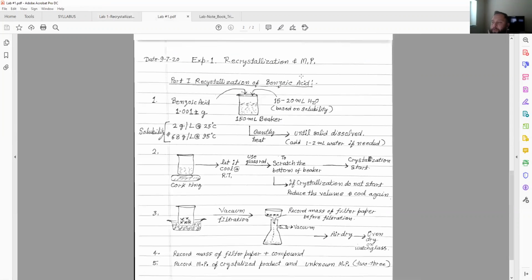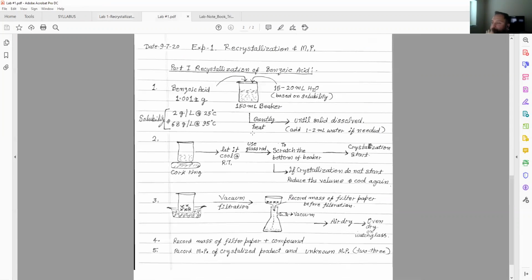Here's basically a flow chart, and probably some of your labs will consist of a flow chart on how to do things. Here they're talking about adding the benzoic acid and the water to a 150 mL beaker, and they got the 15 mL based on the calculation that I talked about earlier.